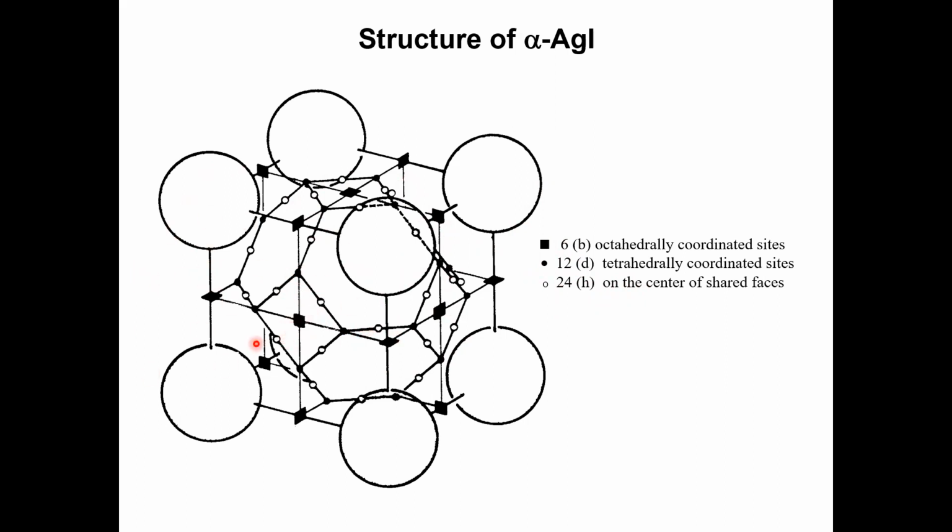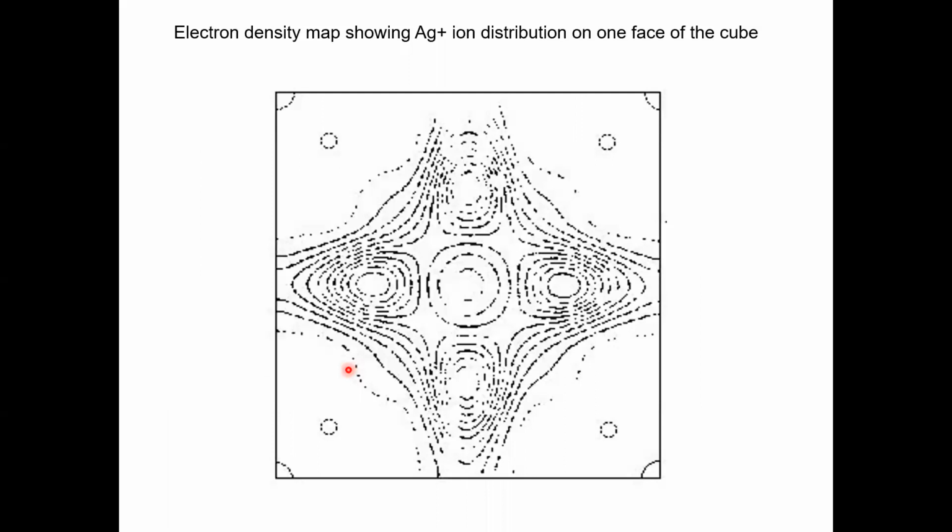2 silver per unit cell, with so many different types of sites. So clearly many of the sites are going to be empty, which is criterion number 1. Then if you look at the electron density map of one of these faces, the electron density map is where you send an electron beam, and that beam is scattered by silver, for example.